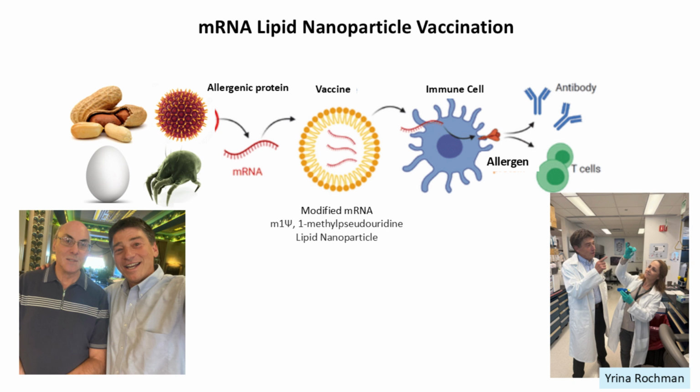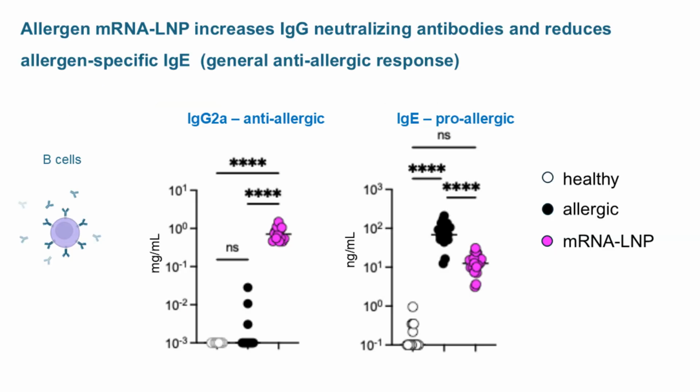Instead of putting the spike protein from the COVID virus into the mRNA vaccine, I asked Drew if we could put food allergens in there. And lo and behold, he said yes, it was a good idea. And he constructed the mRNA vaccines, and instead of having the spike protein, had the allergens.